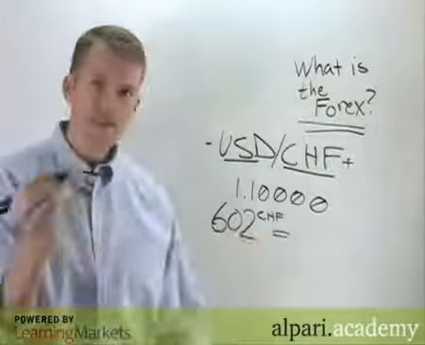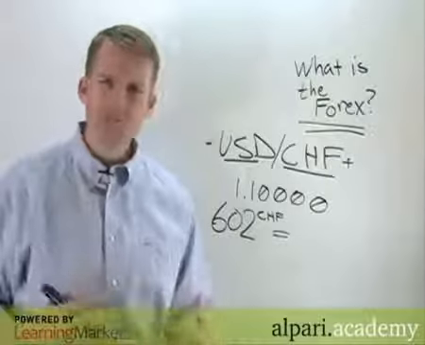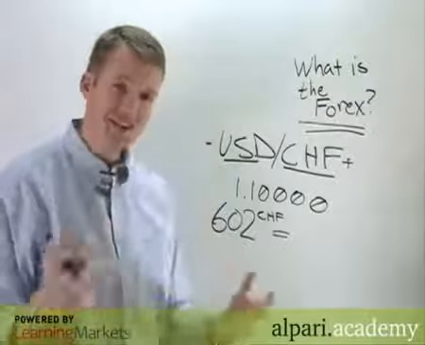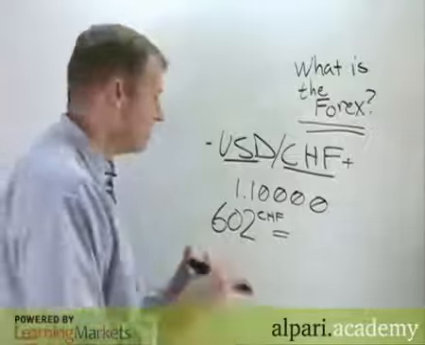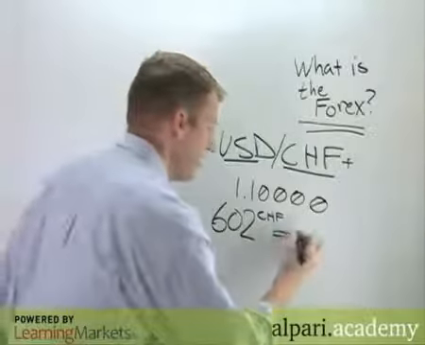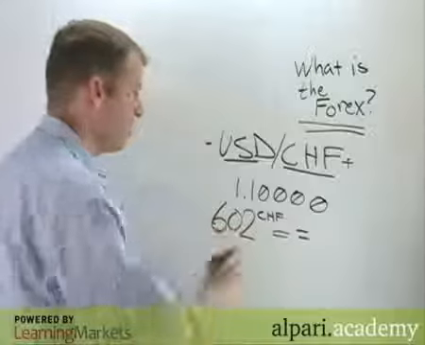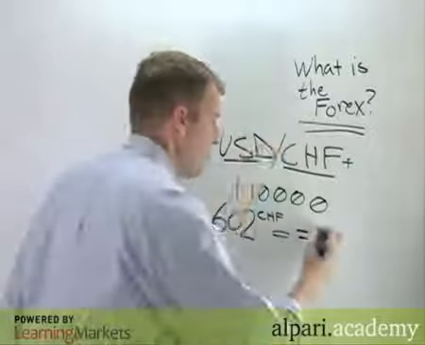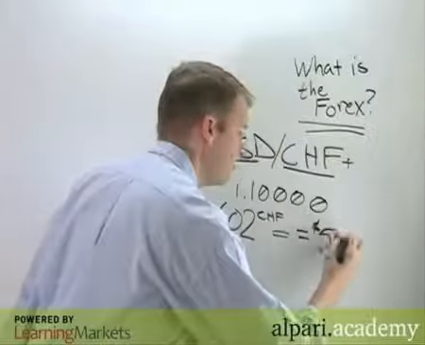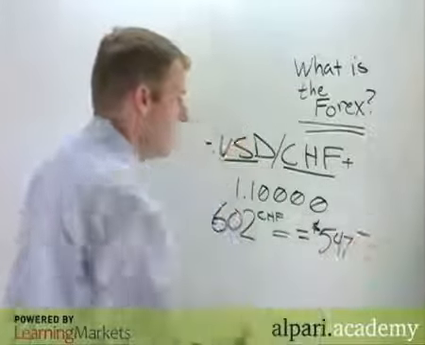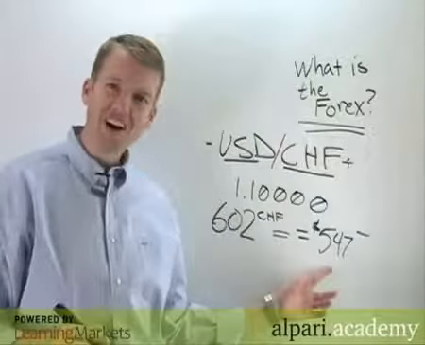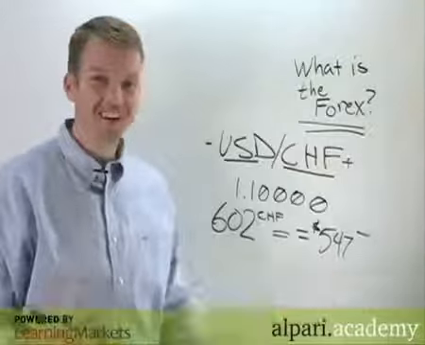And now you might think, well, we live in the U.S., that must be a bad thing for us. Well, not necessarily, and this is something that's hard to wrap your head around when you first learn it. If we convert these 602 francs at our new exchange rate, we get back $547. That means we just made a profit on our vacation of 10%, at least on our spending money.